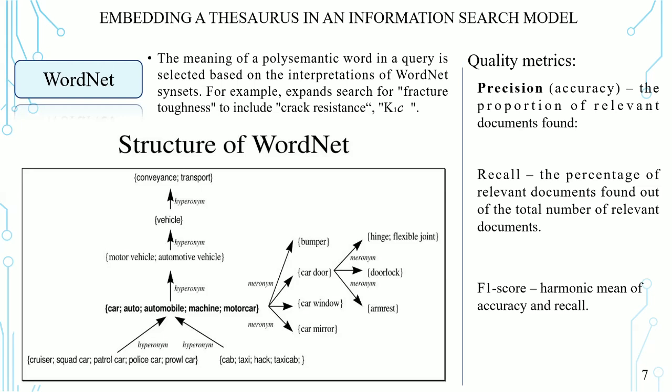That's just like an online dictionary, like the structure of the network with the concepts and relations between them. And it provides the number of synonyms for each term and for each concept. For example, it expands search for fracture toughness to include crack resistance, key parameter, and so on.